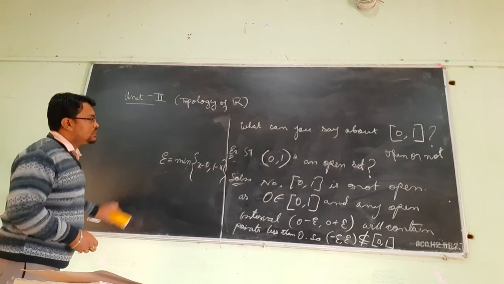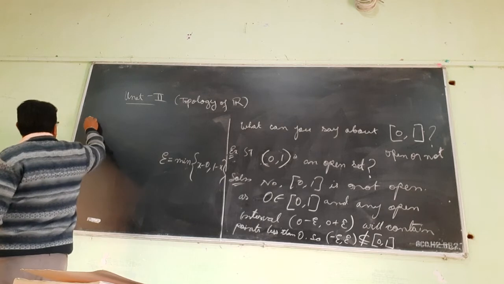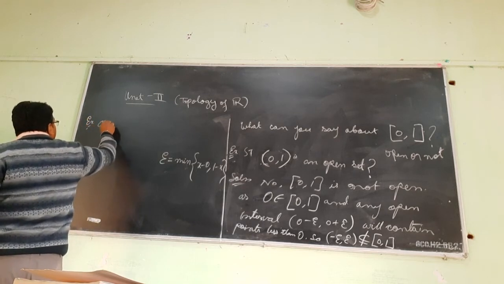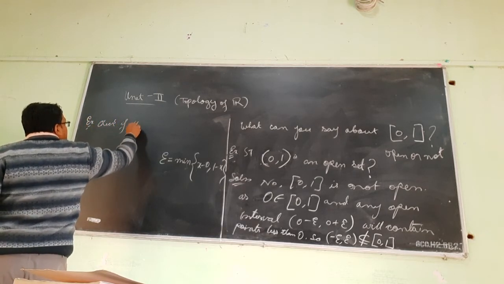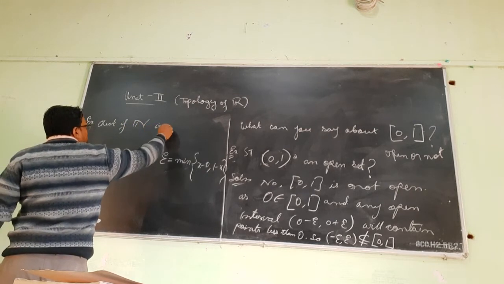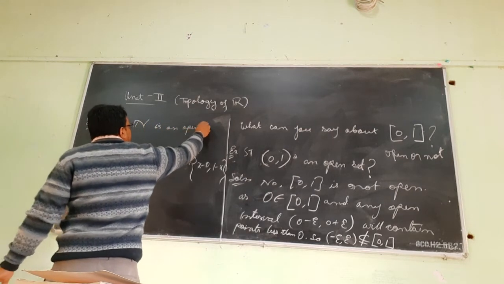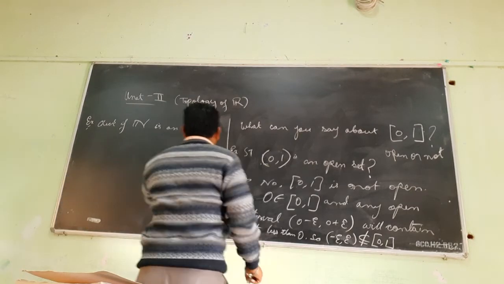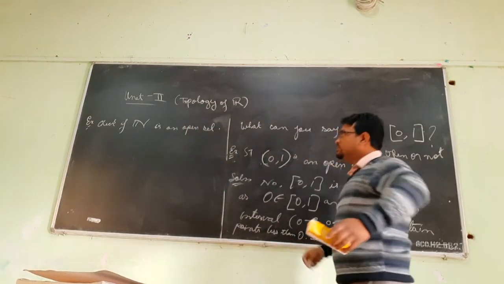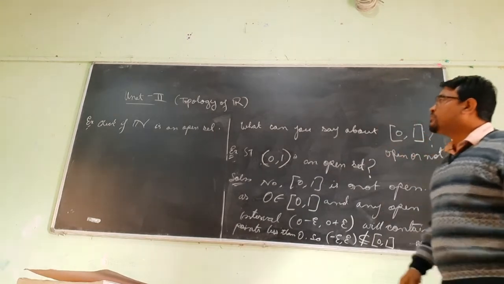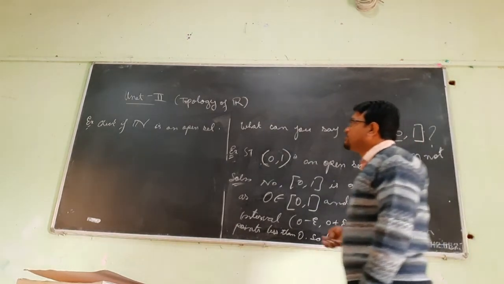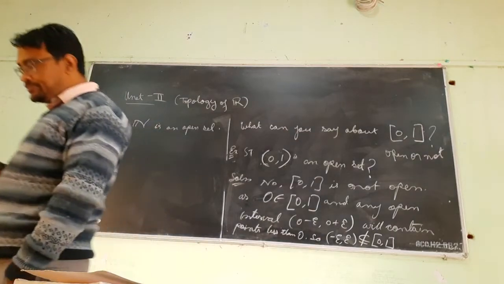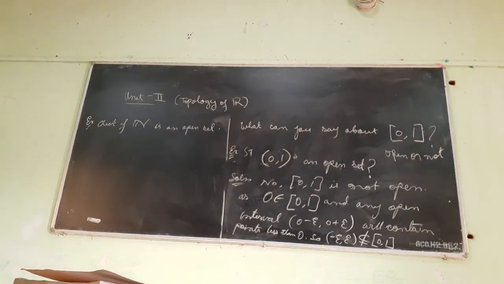Now let us see another one. Check if the set of natural numbers is an open set. An open set means for each natural number, can you find an open interval which lies inside the natural numbers? You cannot.